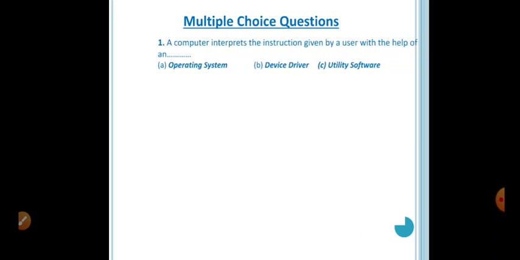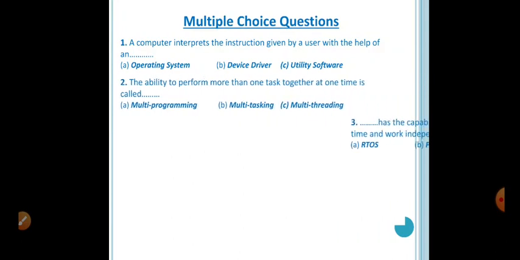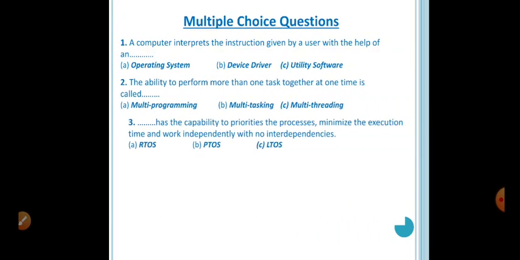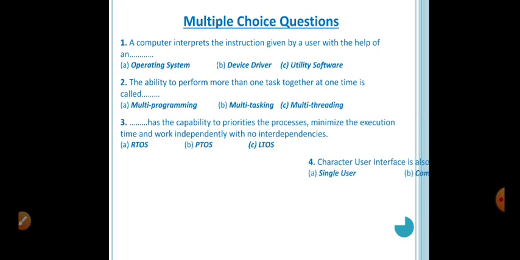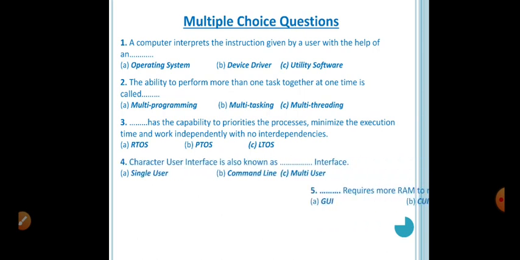Next one is multiple choice question. In multiple choice question, there is one question and three solutions of that, in which only one is correct. Here I will tick on the correct one. So let's start.